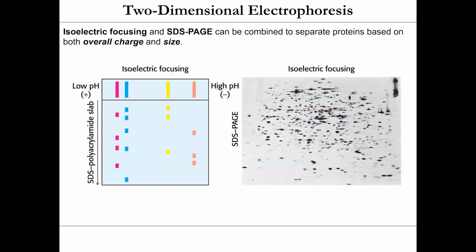So if you really wanted to separate proteins out by both size and charge, you could actually do two-dimensional electrophoresis. This would be the combination of using isoelectric focusing, separating proteins by their charge. You would do that first, and then combine that with this SDS-PAGE gel to separate proteins based on overall size.